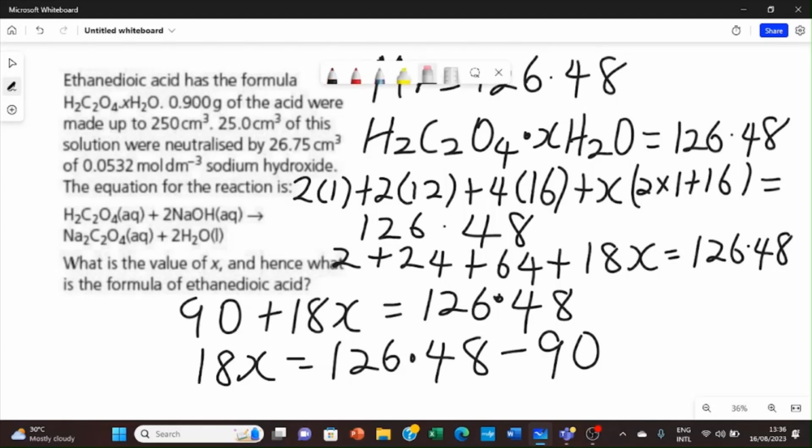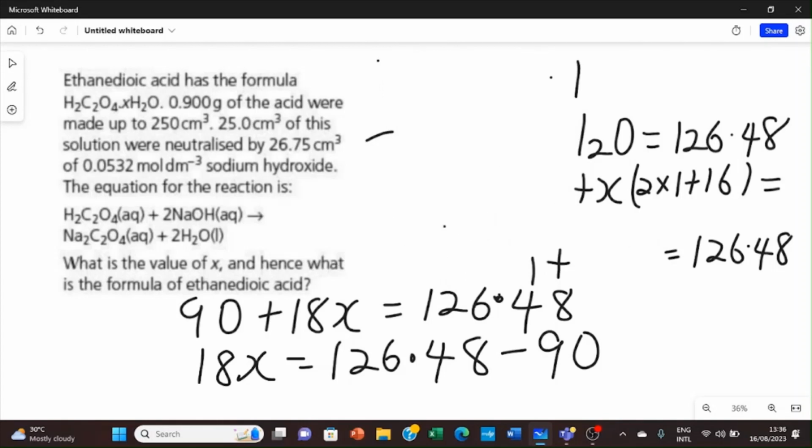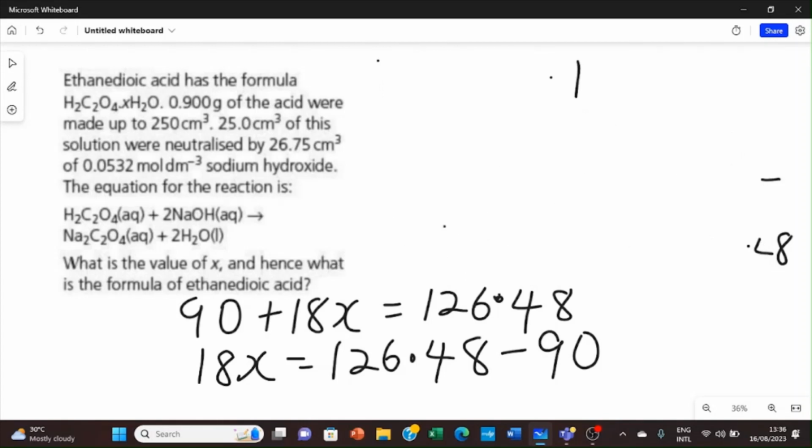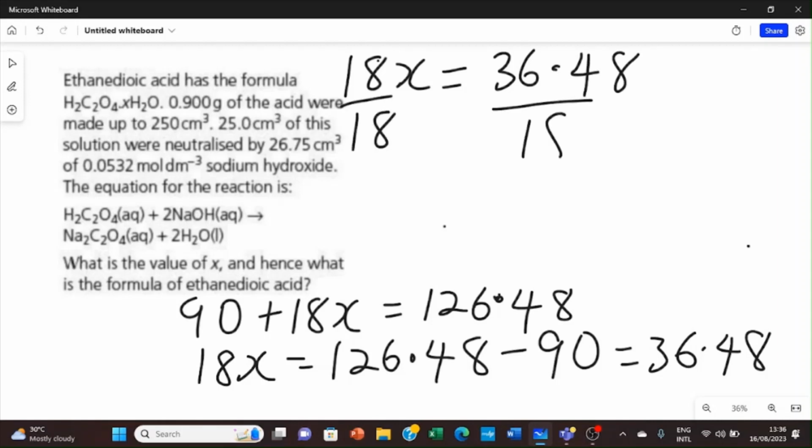So I have to erase this so that I will have enough space. So 18x now will be equal to 36.48. So 36.48 divided by 18, divided by 18.